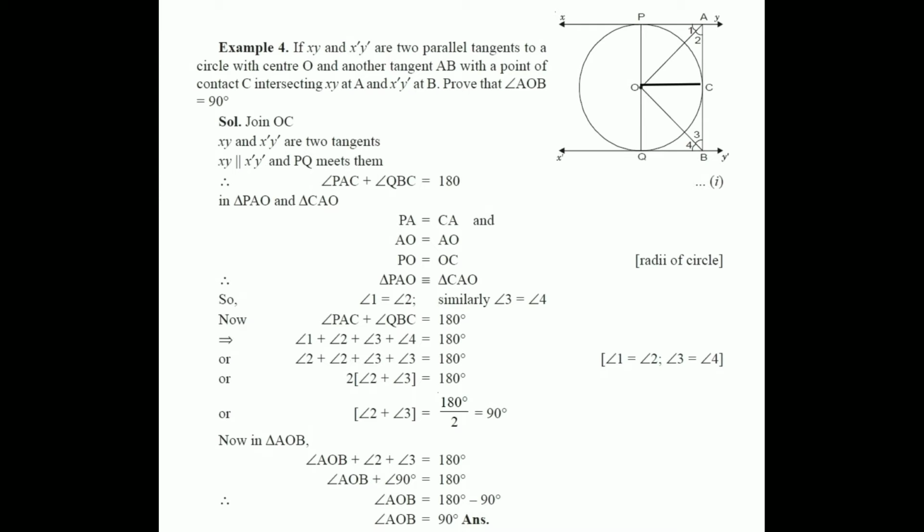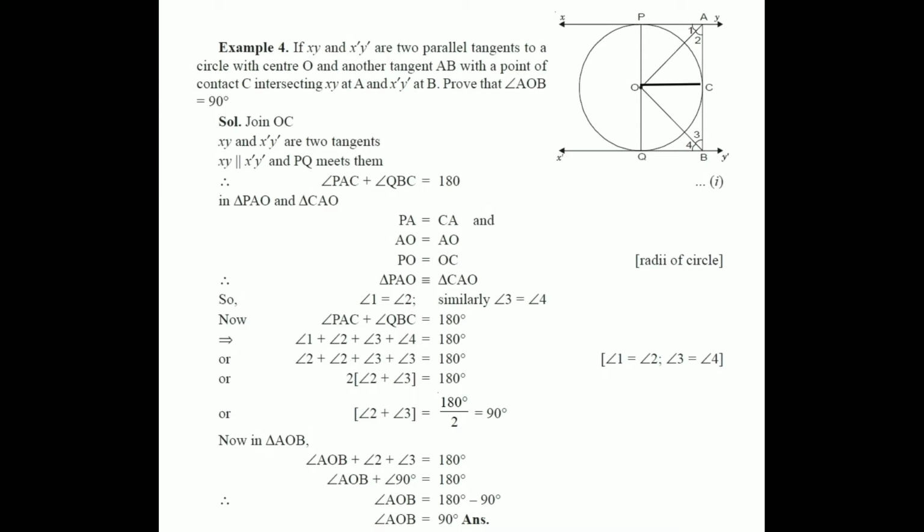Now XY and X'Y' are two parallel lines and PQ is the intersecting line. Similarly, XY and X'Y' are parallel lines and AB is their intersecting line. By the law of parallelism, the sum of interior angles of parallel lines is always equal to 180 degrees.